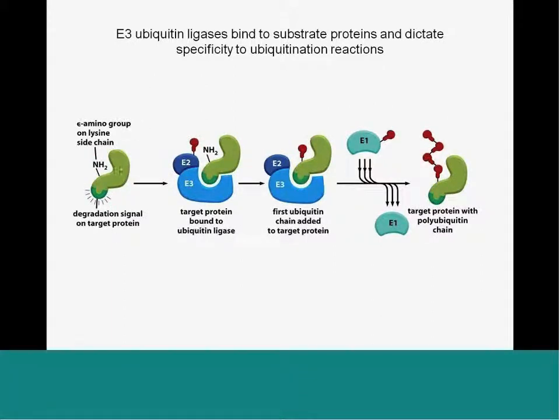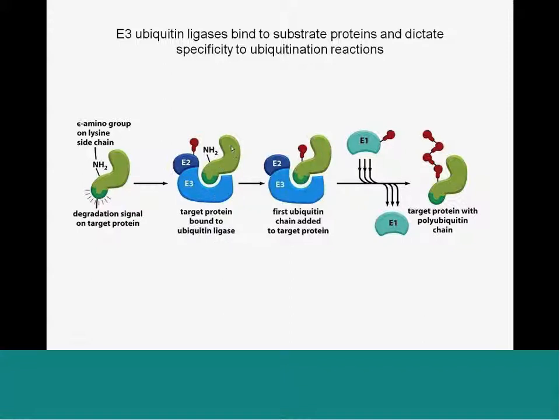And in this slide here, the green structure represents a substrate protein that interacts with the E3 ubiquitin ligase. So the substrate protein has a lysine residue, and it's the epsilon amine group on a lysine side chain that gets attached to ubiquitin.